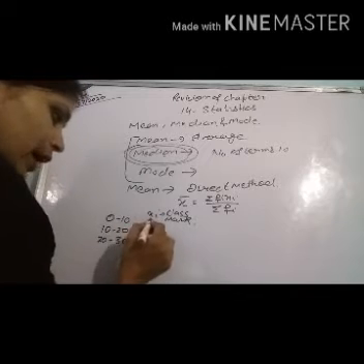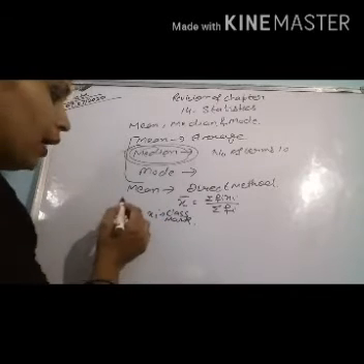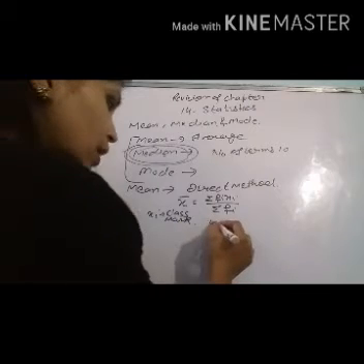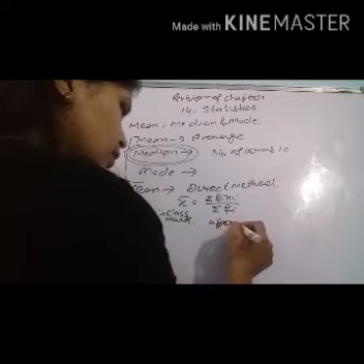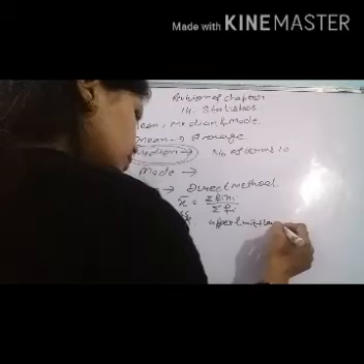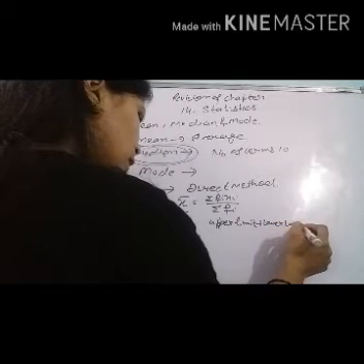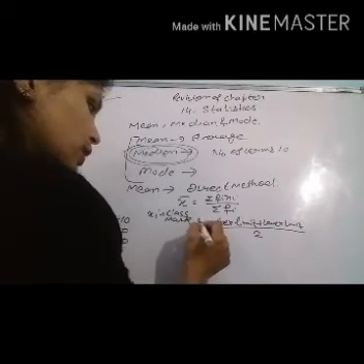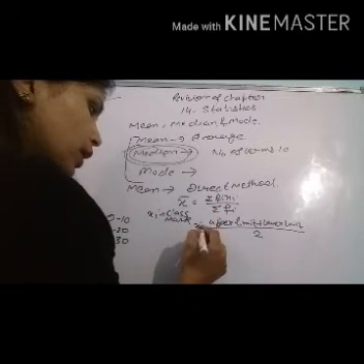Okay, so here xi's are the class mark, and how we calculate this class mark? Here is a formula: upper limit plus lower limit, upper limit plus lower limit divided by 2. This is the formula to find out the class mark.